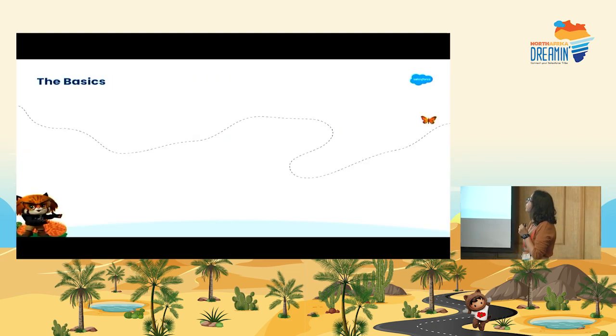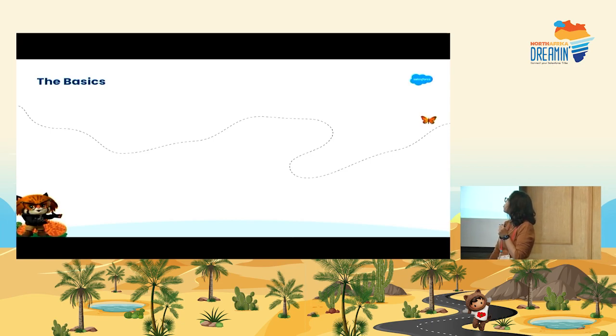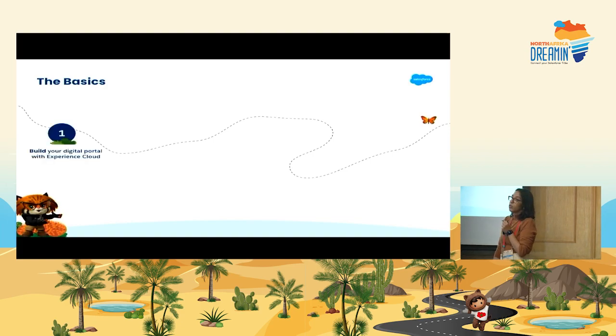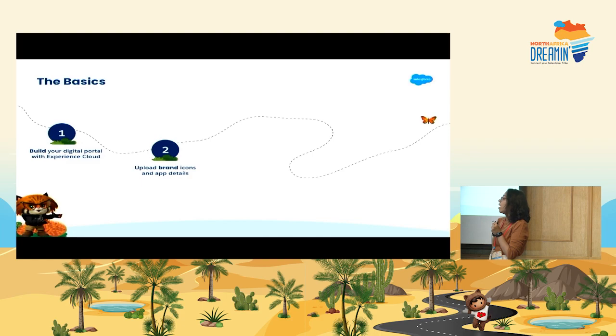So let's now move to the basics of creating or transforming your Experience Cloud site into a mobile app using Mobile Publisher. Basically, the first step is that you need to build your digital portal with Experience Cloud. The second is that you have to create a Mobile Publisher application on your production instance.